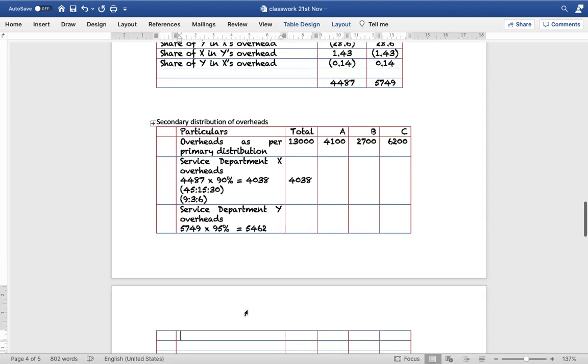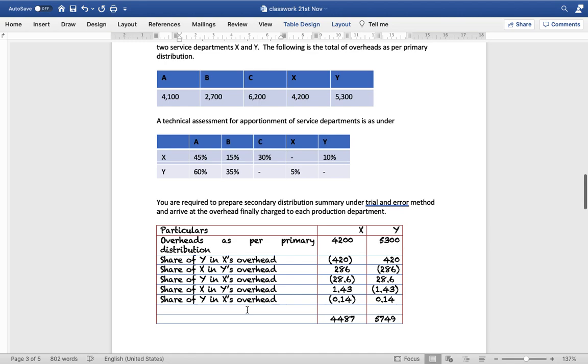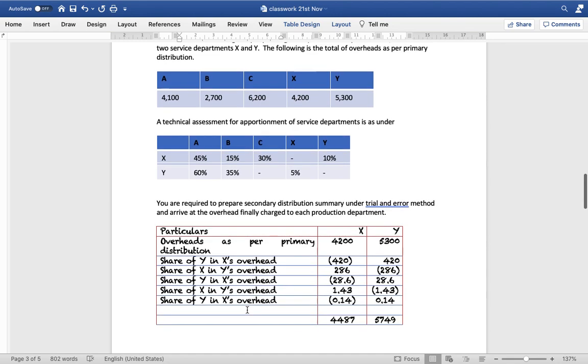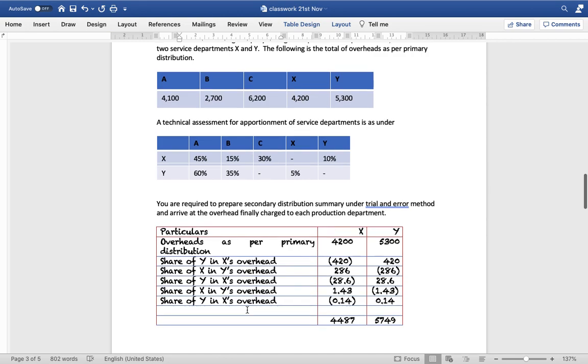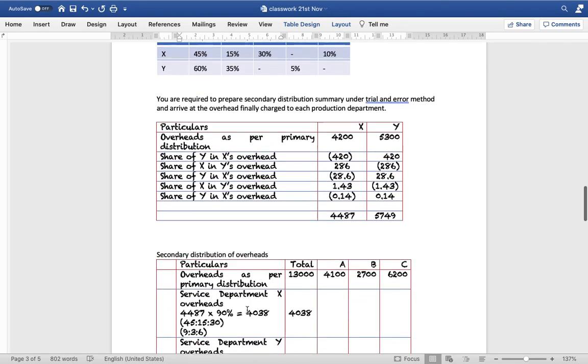So this has to be shared in the ratio of 60 is to 35.